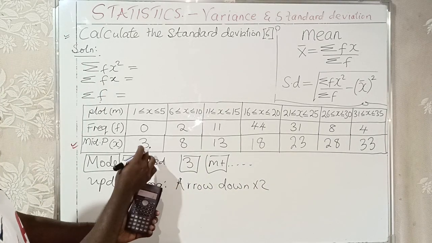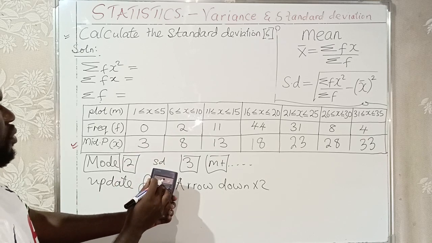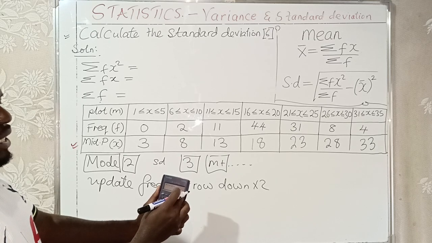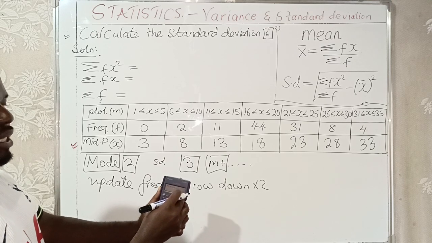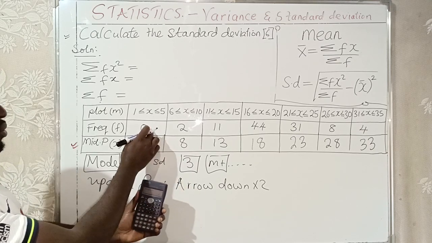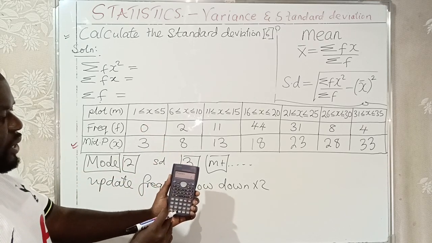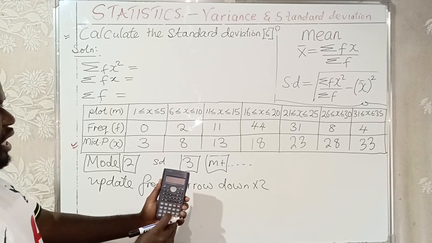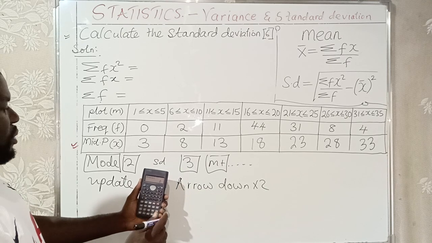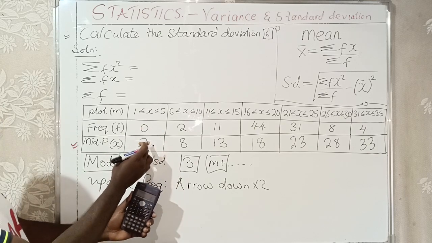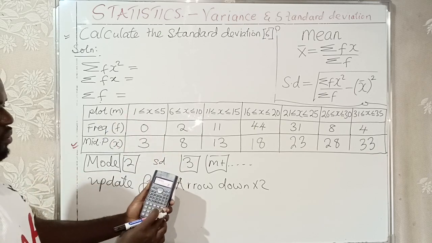First arrow down, you see a 3. Arrow down again, you see frequency 1 is 1. This 1 is the default frequency, so you need to change it to 0. You press 0, then equals. So you would have updated the frequency for midpoint 3 to 0.